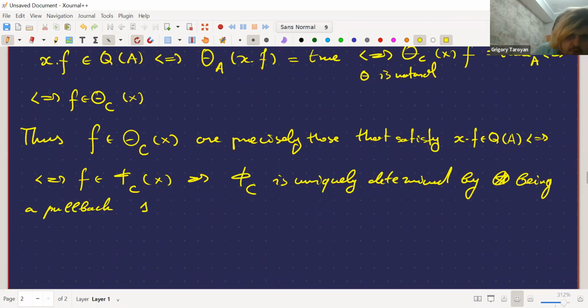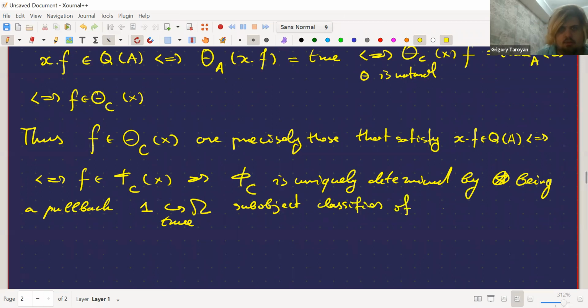And so this shows that 1 to omega given by this true function is in fact a subobject classifier of this category.